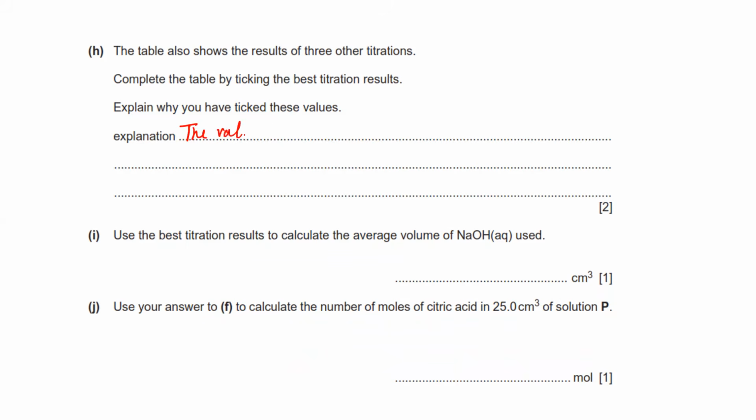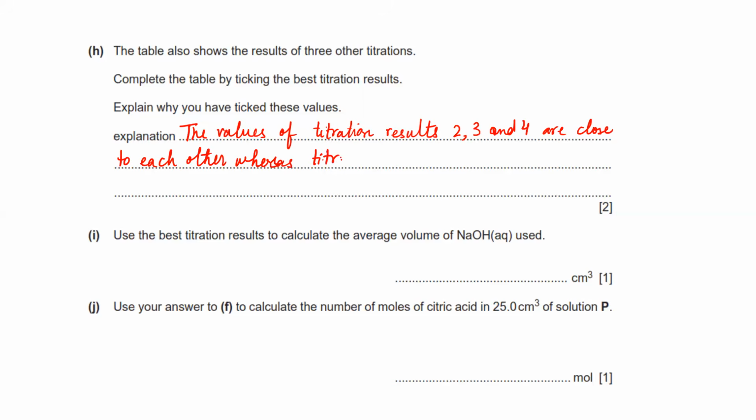The values of titration results 2, 3, and 4 are close to each other, whereas titration 1 seems an outlier result.